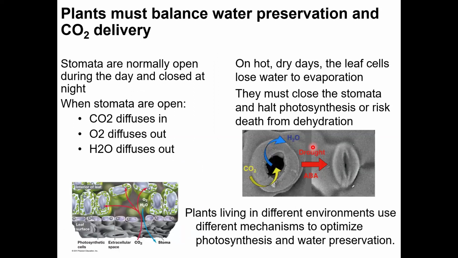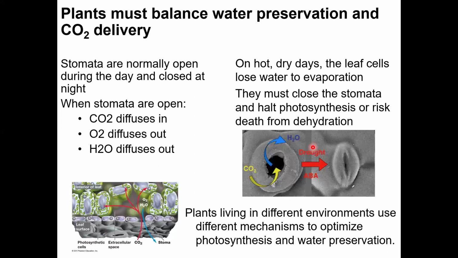So now plants, one thing they also have to do is balance the amount of water they preserve and the CO2 that they deliver. The stomata normally open during the day and close at night. The carbon dioxide diffuses in, the byproduct of oxygen diffuses out, and water itself also diffuses out.